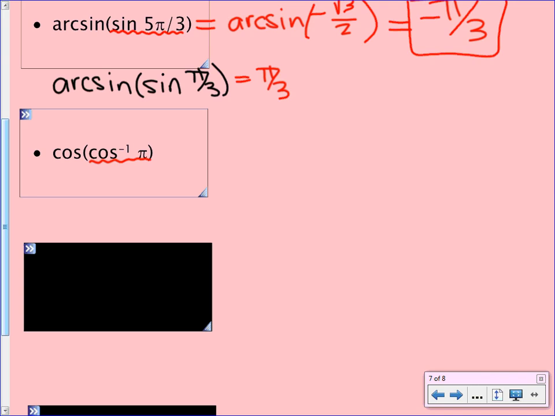The input for inverse cosine, what should our inputs be? Negative 1 to 1, right? Is pi in the domain of inverse cosine? No. We cannot evaluate this because pi is not in this domain.